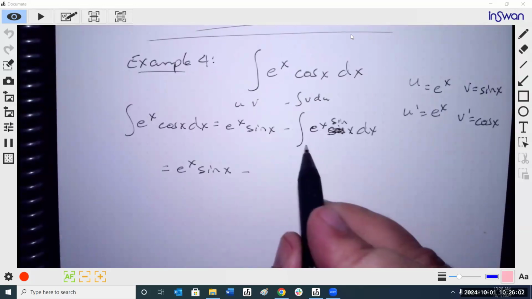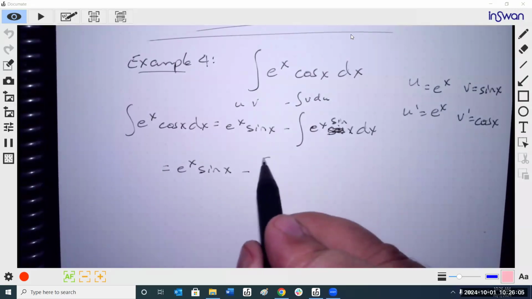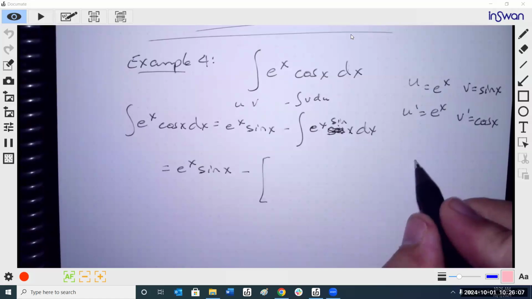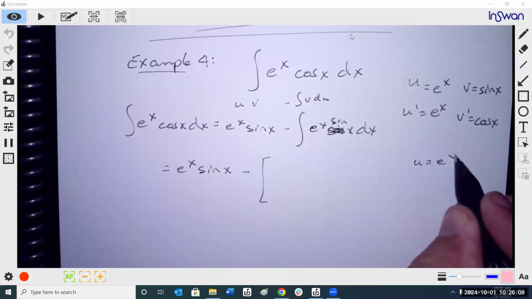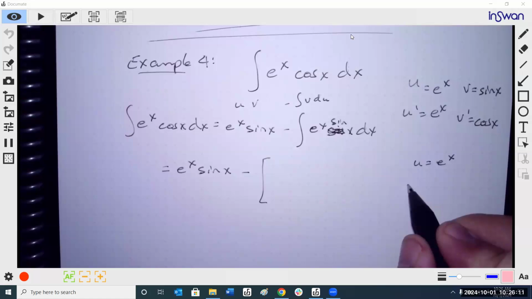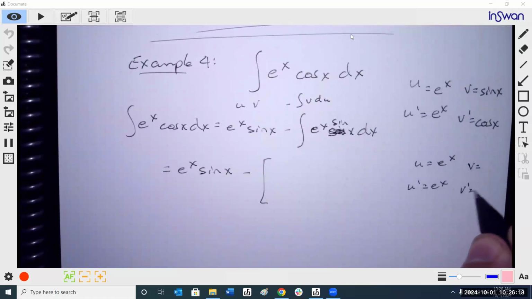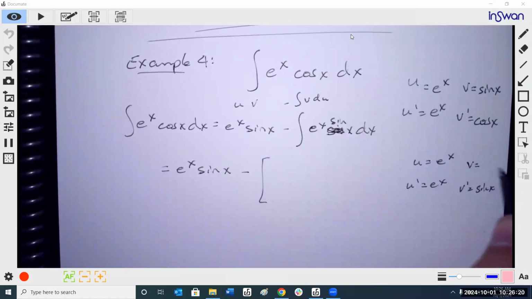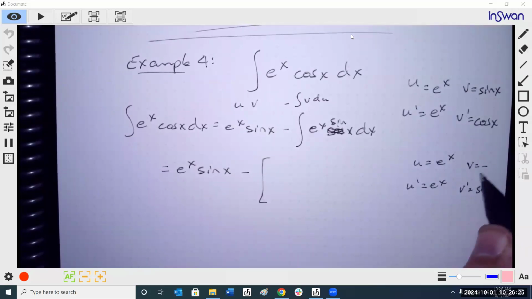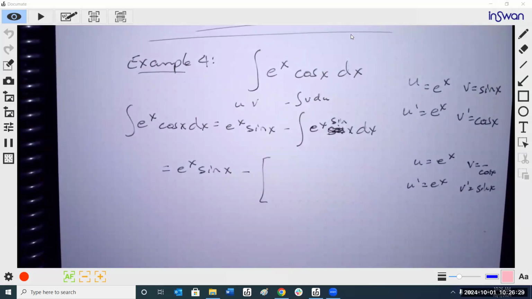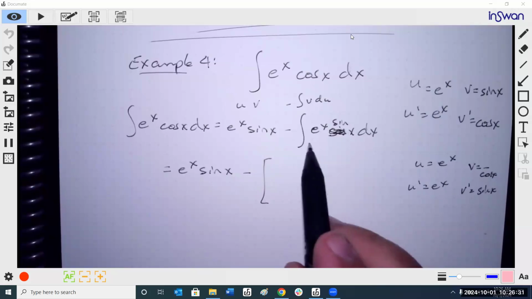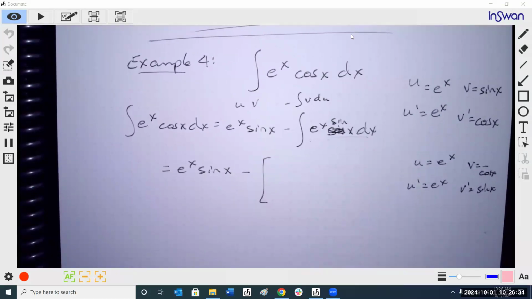minus, we have to integrate this one. Well, that's also by parts. So u is e to the x, u prime is e to the x, v prime is sine x, and the integral of sine x is negative cosine x. So we have to do it by parts again because of this one.